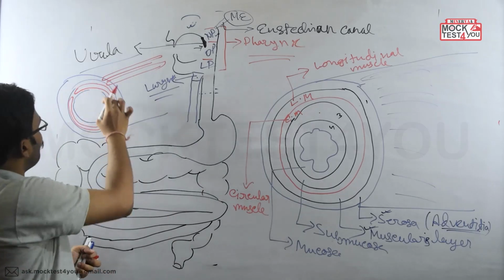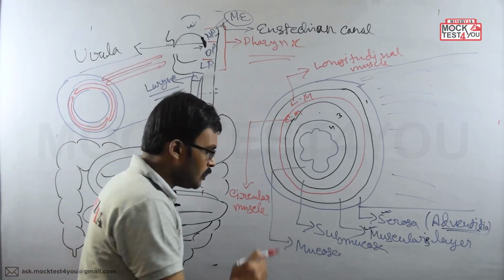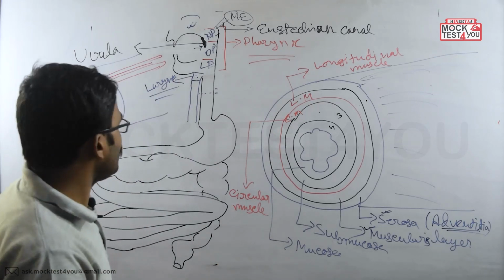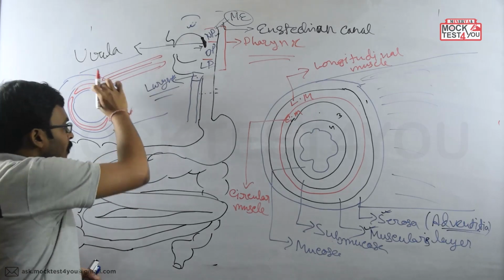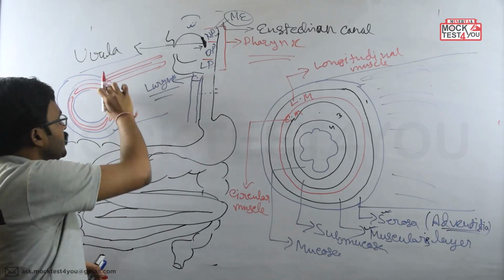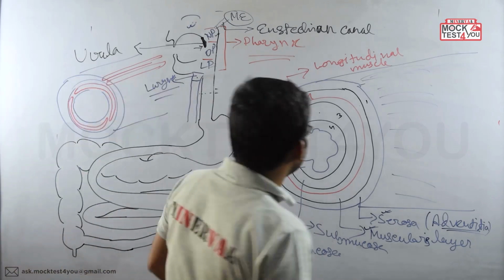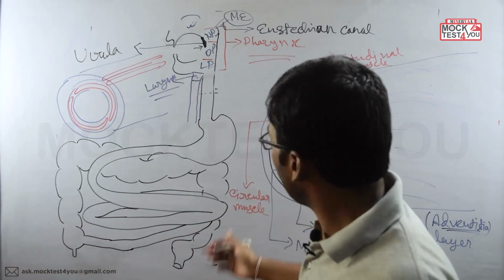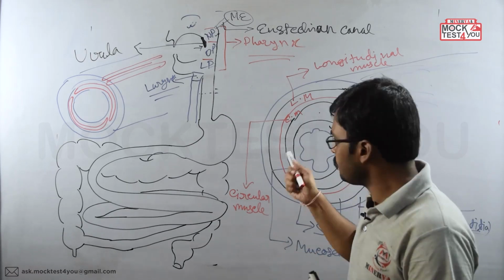But the inner one is known as the circular muscle layer, because here the muscle fibers are arranged in a circle, okay, clear. So two layers of muscle we have got: one is longitudinal muscle and the other one is circular muscle.